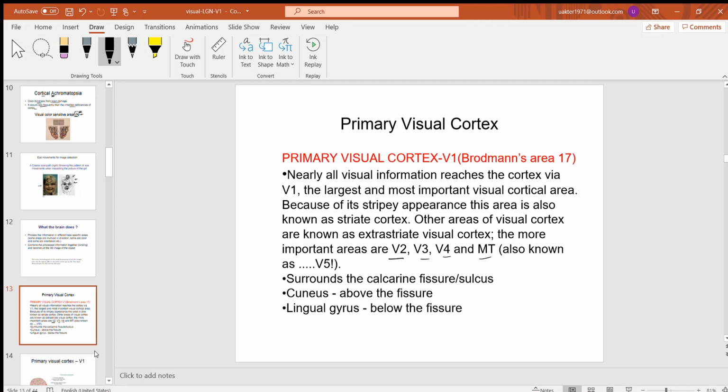In the primary visual cortex you have the calcarine fissure. That's why the fibers going from the lateral geniculate to the primary visual cortex are called geniculocalcarine fibers or tracts. Above the calcarine fissure the area is called the cuneus, and below the calcarine fissure this part is called the lingual gyrus. So cuneus and lingual.